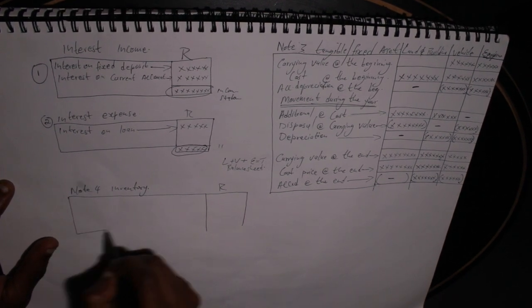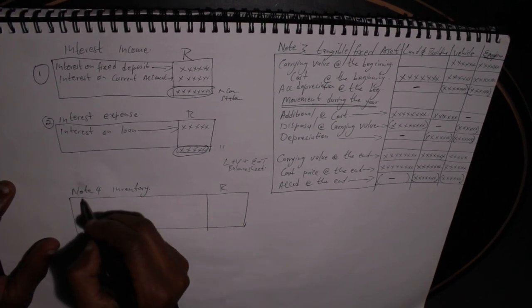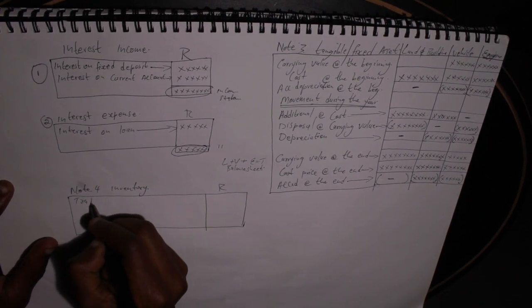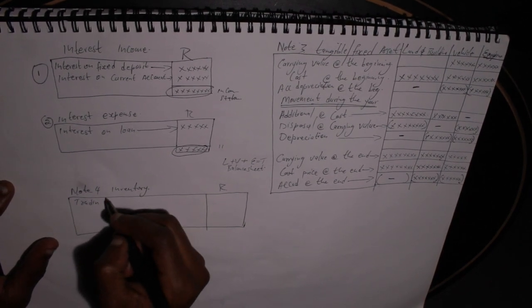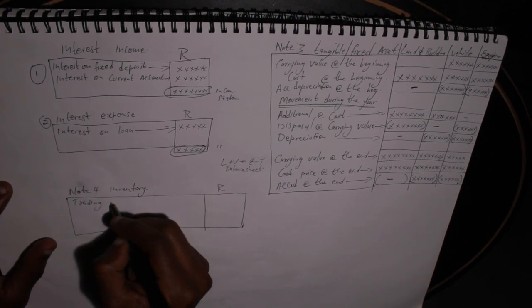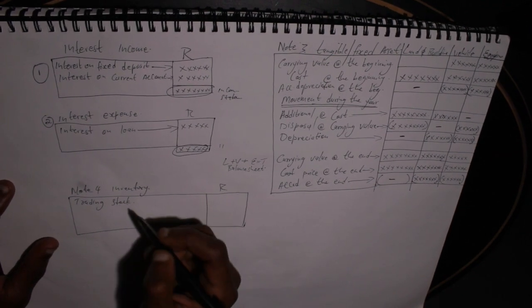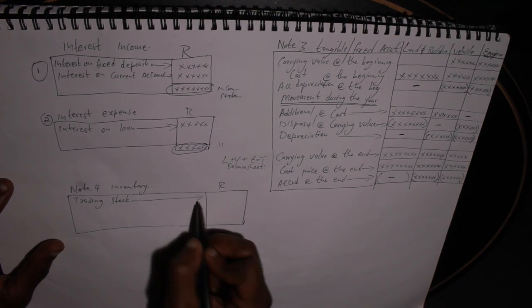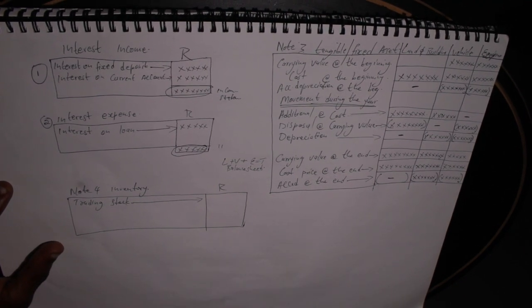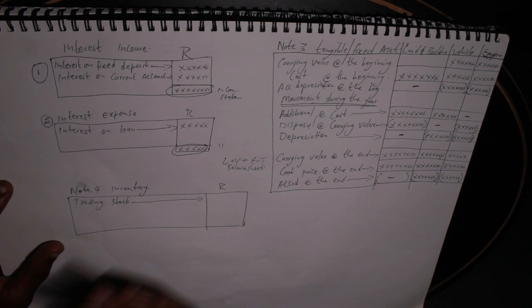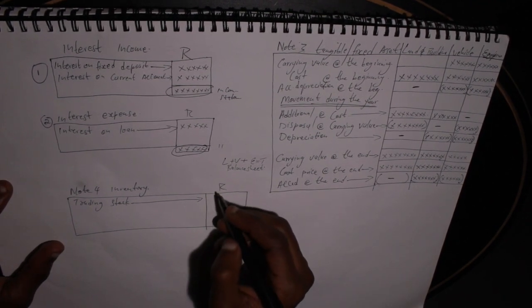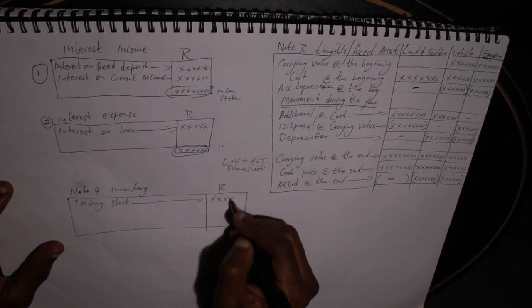So under inventory we have the following items, which is trading stock. So trading stock, this is the value of stock that we have. So at the end of the financial year we do a stock count. We're counting how many stock we have on hand in the building. So that value of the stock, we're going to put it there.